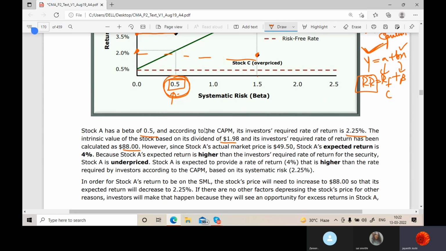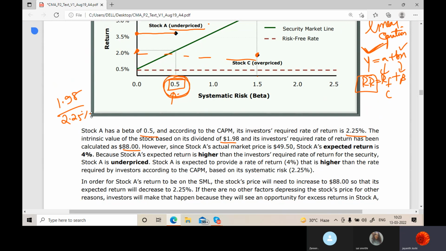So what they're saying is the intrinsic value they have calculated based upon the dividend and the required rate of return is 88. You can calculate this and tell me. So you'll get 88. Okay.